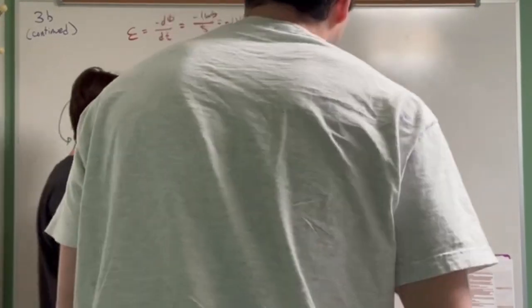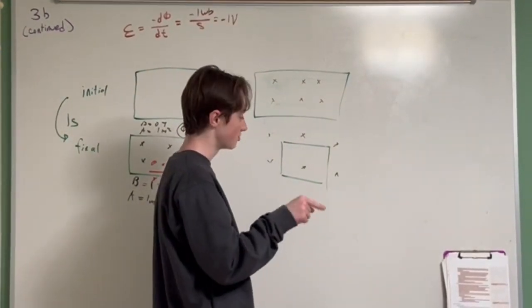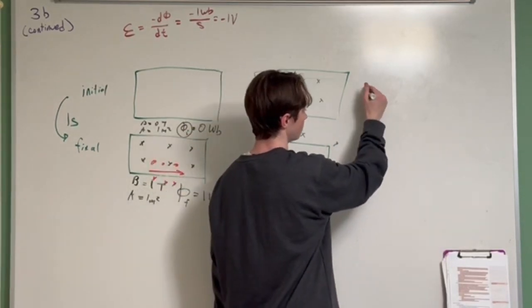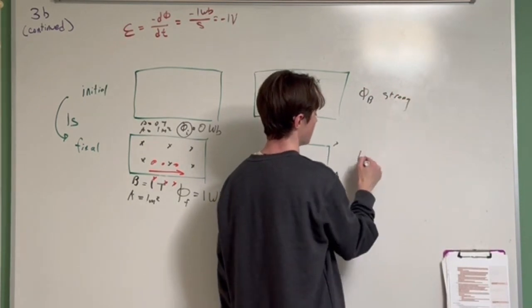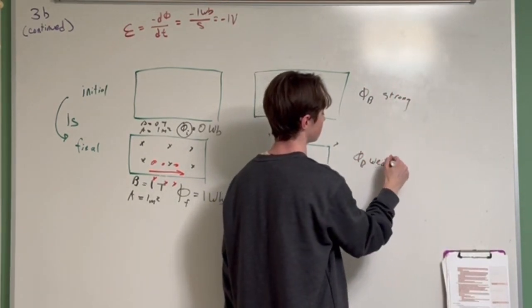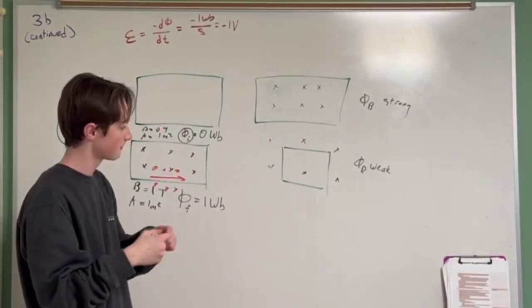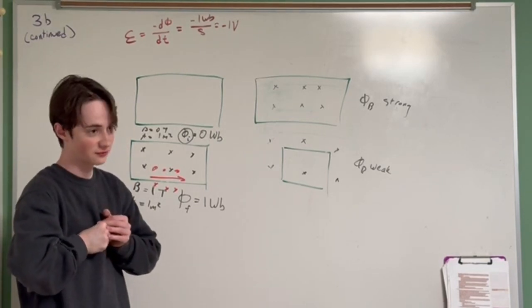It's the change in magnetic flux that we're looking at, and we're trying to oppose the change in magnetic flux. So the magnetic flux from here, let's say, is strong, and the magnetic flux here is weak. There's less magnetic flux because there's less area. How do we try to maintain the same amount of magnetic flux?